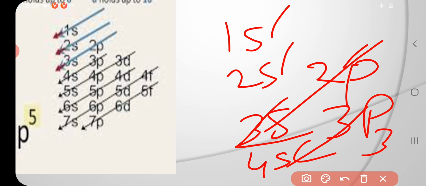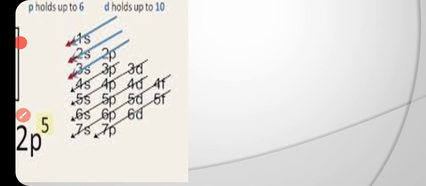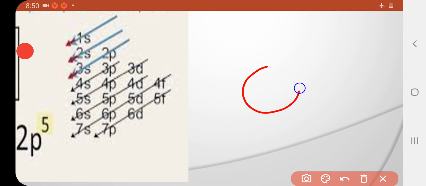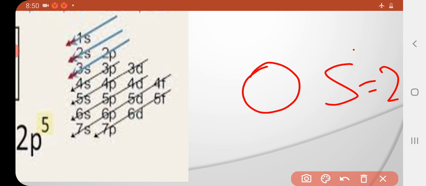So what is this s, p, d, f that we are going to study? Keep in mind the capacity: s is 2 electrons, p is 6 electrons, d is 10 electrons, and f is 14. When we fill the first shell, it contains 2 electrons, that is s equals 2. Then p contains 6 electrons, because 6 plus 2 is 8.